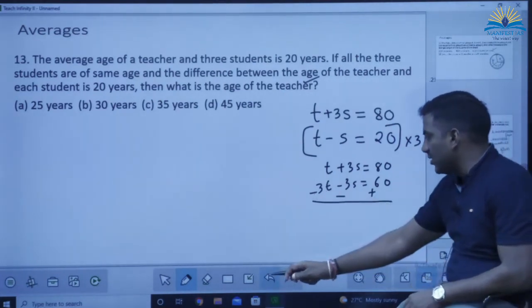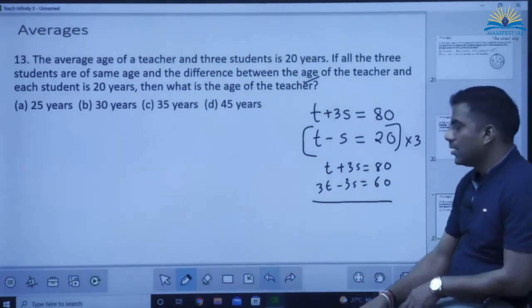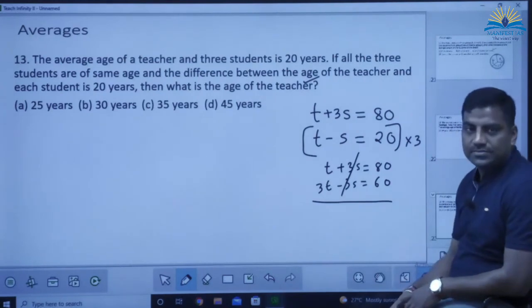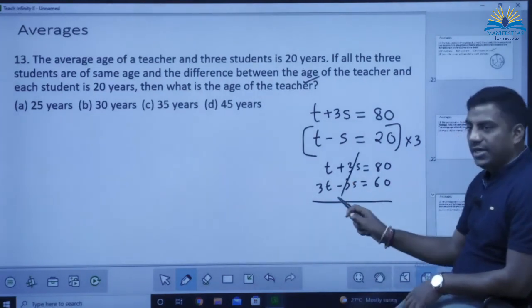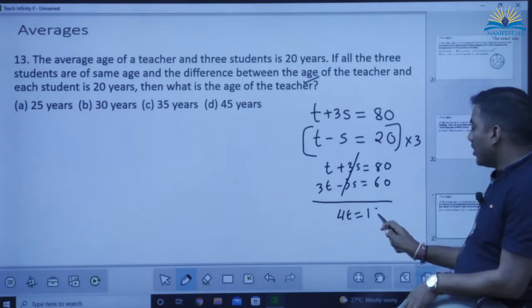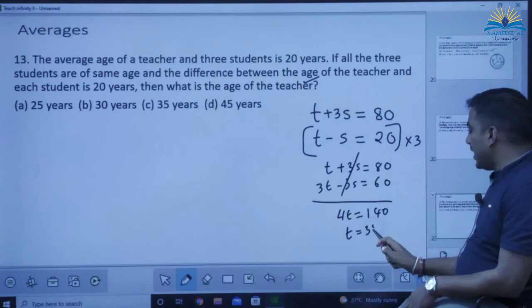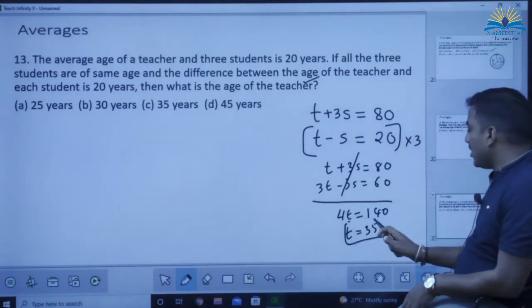If it is confusing for you, 3s get cancelled. t plus 3t, 4t is equal to 140. t is equal to 35. So the age of the teacher is 35 years.